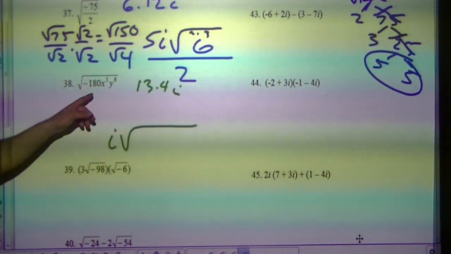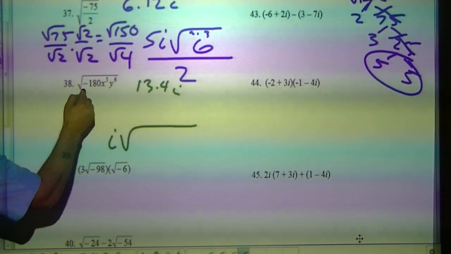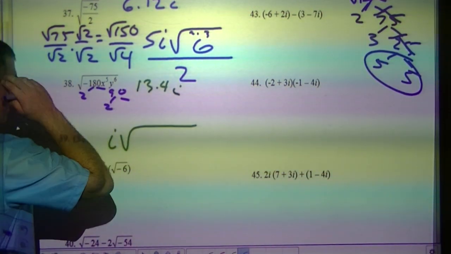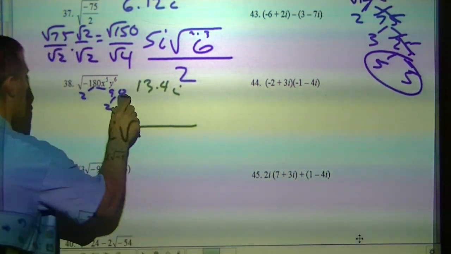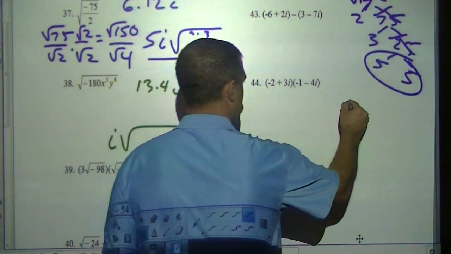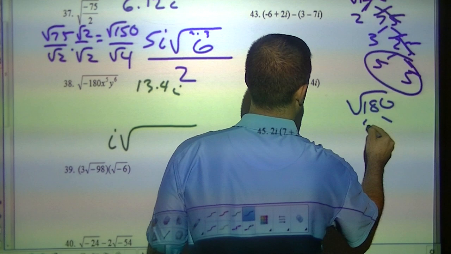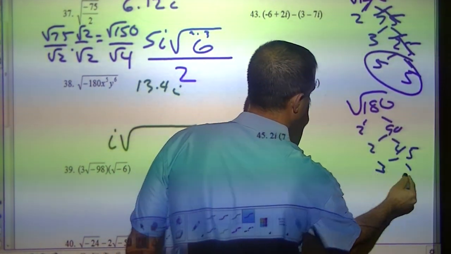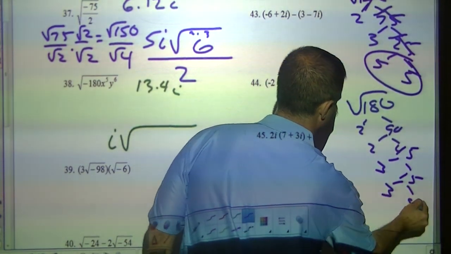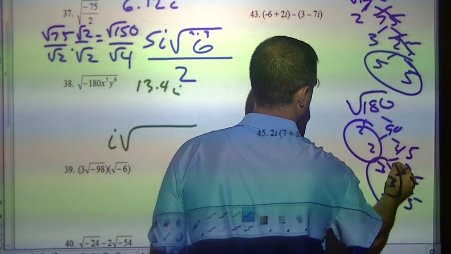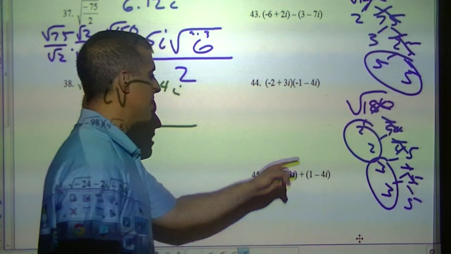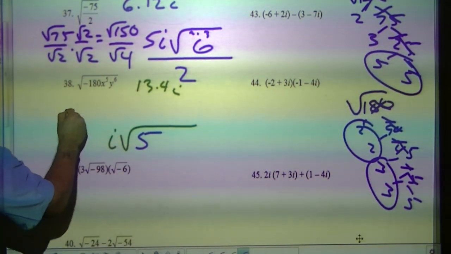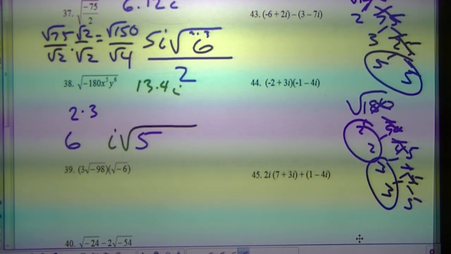So 180, it'll be 2 and 90, 2 and 45, 3 and 15, 3 and 5. So here are my pairs. My leftover is 5, so inside I'm going to have 5. On the outside I would have 2 times 3, which would be 6.